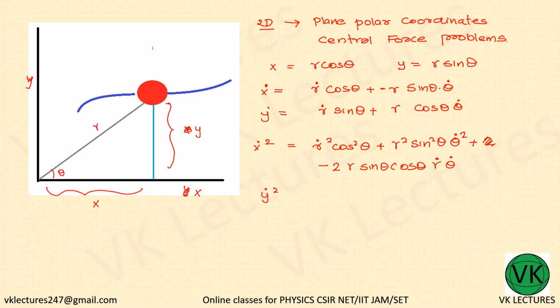And y dot square is equal to r dot square sin square theta plus r square cos square theta theta dot square, plus 2 r sin theta cos theta r dot theta dot.